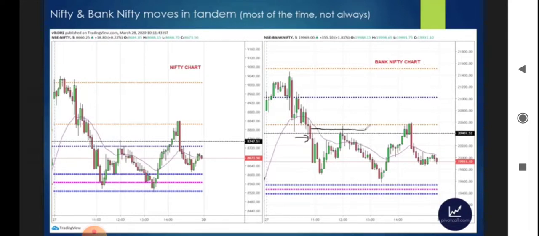You must have kept your stop loss above the previous day high. Your stop loss was somewhere here, and your take profit will be here. Why do you keep the take profit here? Because you know that CPR works like a magnet most of the time. Price gets attracted towards it. From this candle till the CPR, there is no support. You think this is the best place where you can short and take profit.